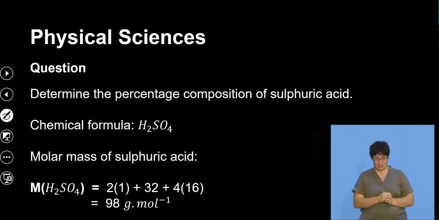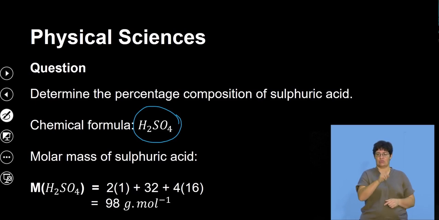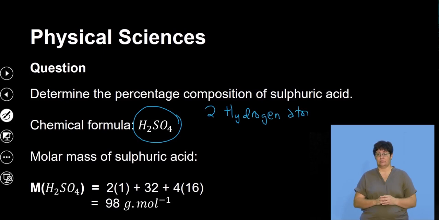Here's a question, just to try and drive that point home. It says, determine the percentage composition of sulfuric acid. So where do we start? We start with the correct chemical formula. In this substance, sulfuric acid, we've got 2 hydrogen atoms. What else?